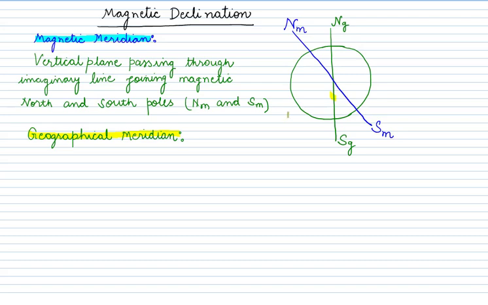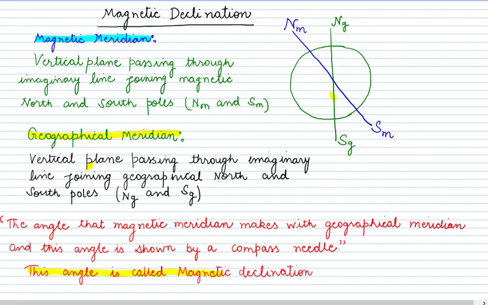So the angle between the magnetic meridian and the geographical meridian, which is shown by a compass needle, is known as magnetic declination, the angle that the magnetic meridian is making with the geographical meridian.